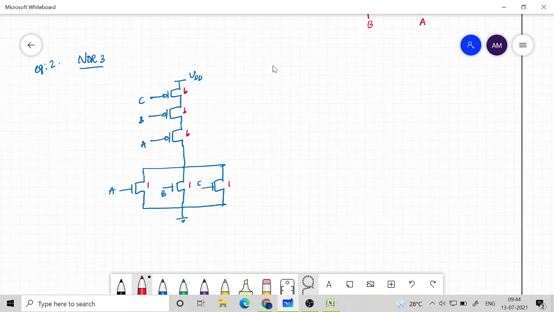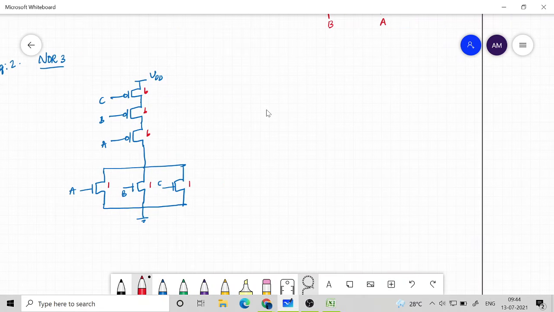In order to find out the sizing, all that we look at is the resistance for charging and discharging. It should become equal to R. So we have to adjust the size of the transistor such that in the worst case the charging and discharging path resistance should be equal to R, where R is the charging and discharging resistance of a reference inverter. So we have to compare it with the reference inverter and try to achieve the same.